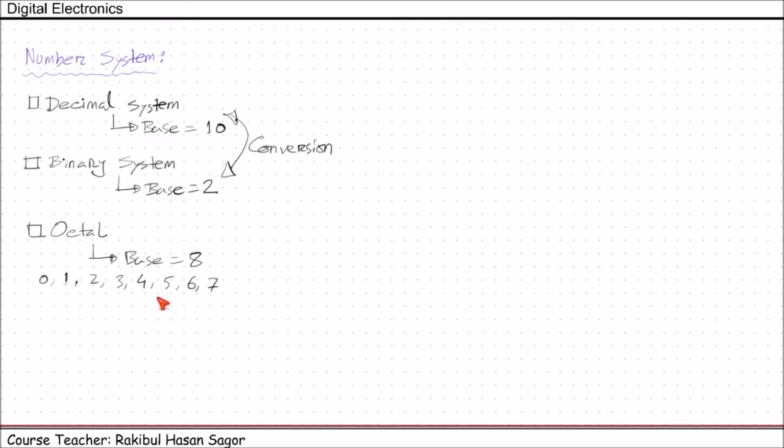These are the symbols for the octal system. So after 7, if we want to represent our next number, as we do not have any other symbols for the octal system, the next number will be 10. Here 10 in the octal system means 8 in the decimal system.